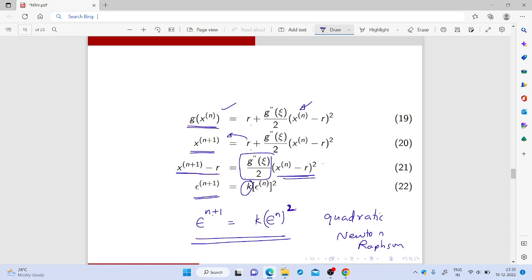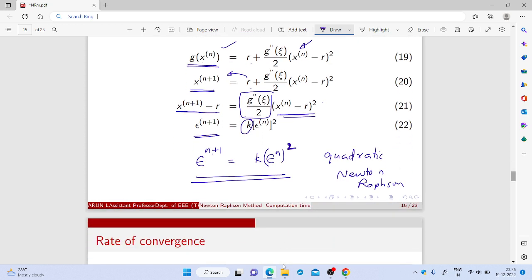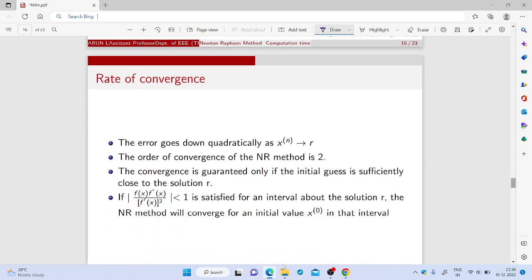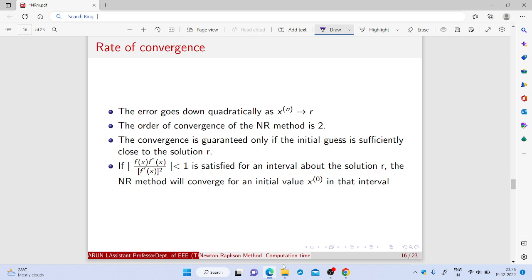Error in the third iteration will be proportional to the square of the error in the second iteration. Similarly, error in the fourth iteration will be proportional to the square of the error in the third iteration. So the error will drastically come down to an acceptably small value. So there will be fast convergence compared to other methods. The error goes down quadratically as x of n approaches the root. So the order of convergence of the Newton-Raphson method is 2.